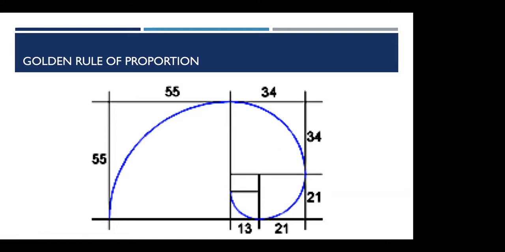That means if the width of the wall of the house is 55, the depth should be 89, with 55 plus 34. So you have to segment the wall of the building in such a manner.